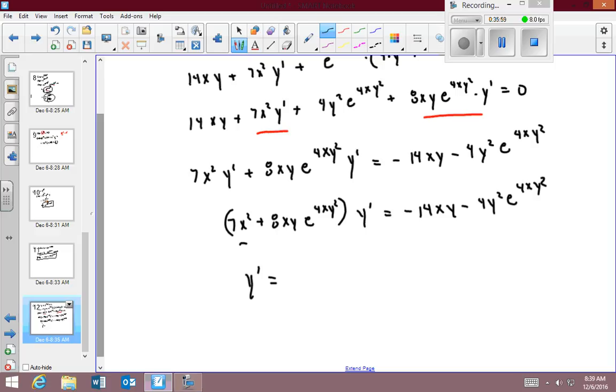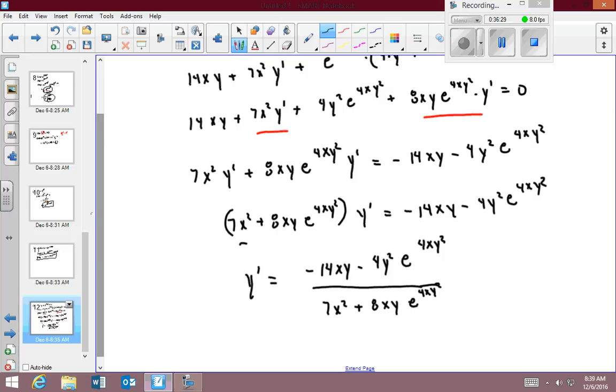I don't know whether I'm just going to leave it with negative 14xy minus 4y squared e to the 4xy squared all over 7x squared plus 8xy e to the 4xy squared.